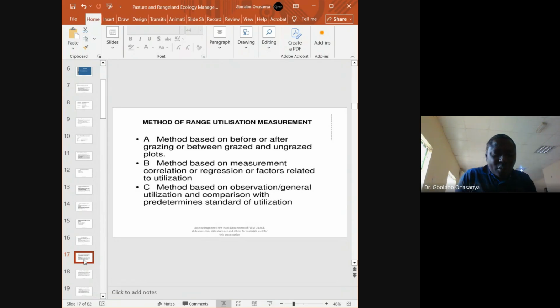For instance, if I expose my grazeland to 10 cattle, what relationship? The quantity of the grass they will eat, or the relation between the number of hours of grazing and the quantity of grass eaten.